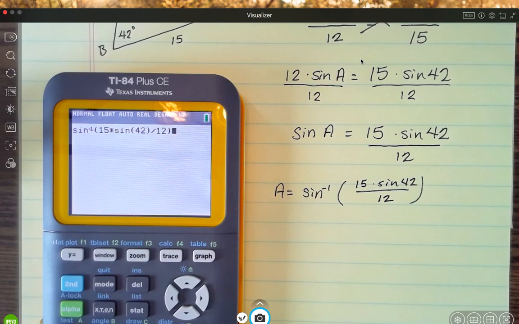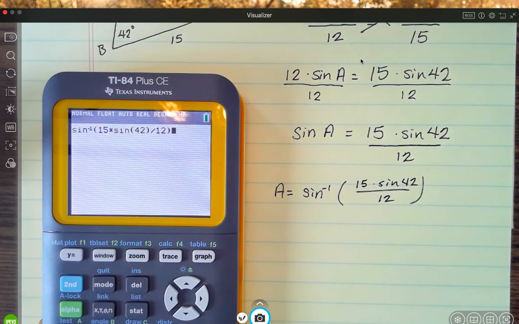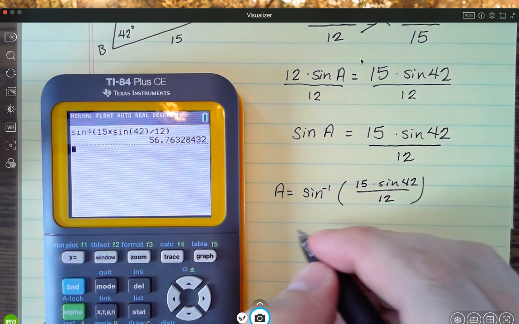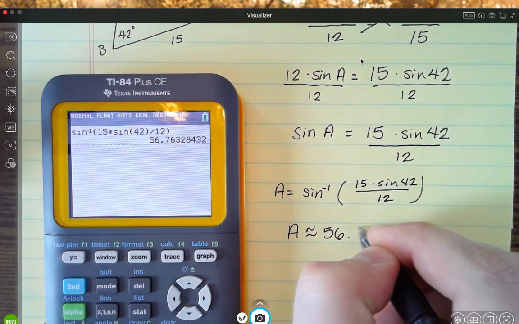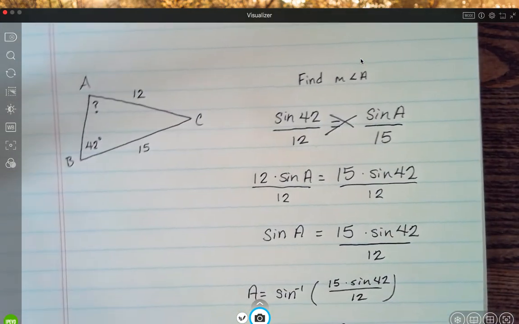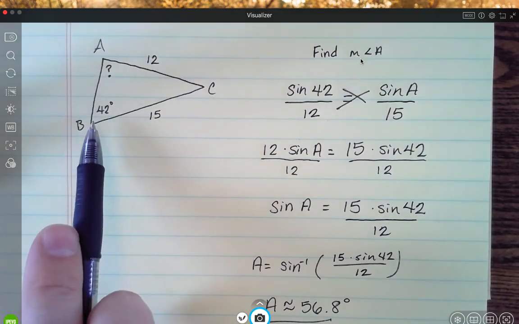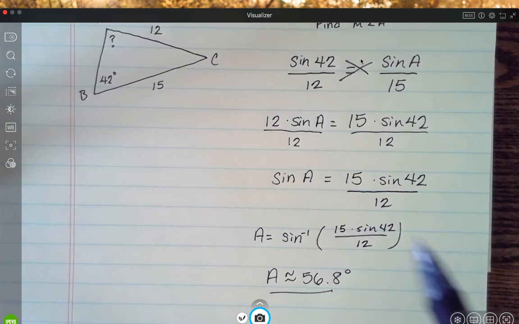If you're using your phone calculator or a calculator that you can't type everything into, it may be best to figure out this decimal first and then just take the inverse sine of whatever that decimal is. And so that tells me that A is approximately 57.8 degrees. And if I go back to my original triangle, that makes sense. It should have been bigger than 42 looking at my opposite side lengths. So, the law of sines.